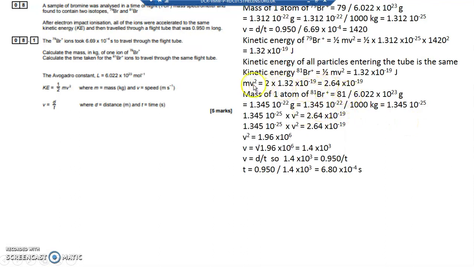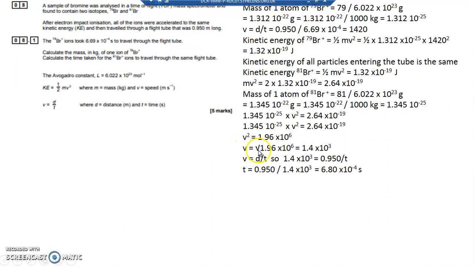So now I've got the mass. mv squared was 2.64 times 10 to the minus 19. So the mass, 1.345 times 10 to the minus 25, times v squared is 2.64 times 10 to the minus 19. So v squared is 2.64 times 10 to the minus 19 divided by 1.345 times 10 to the minus 25, which is 1.96 times 10 to the power 6.